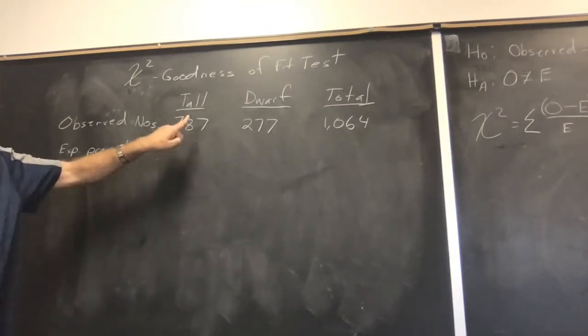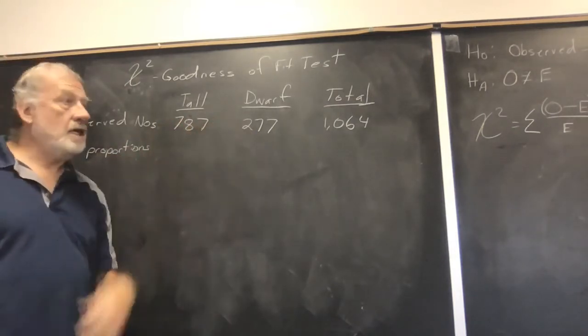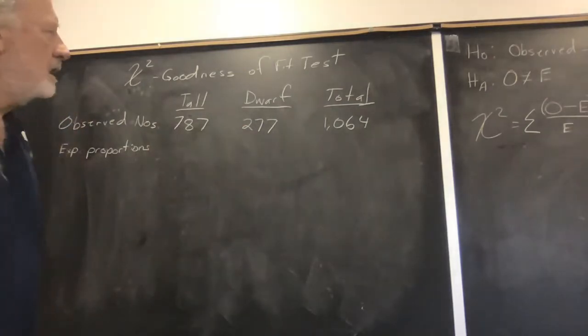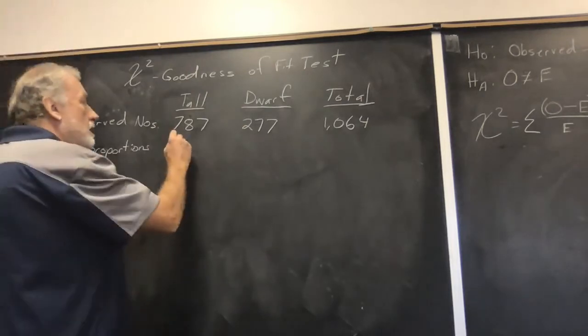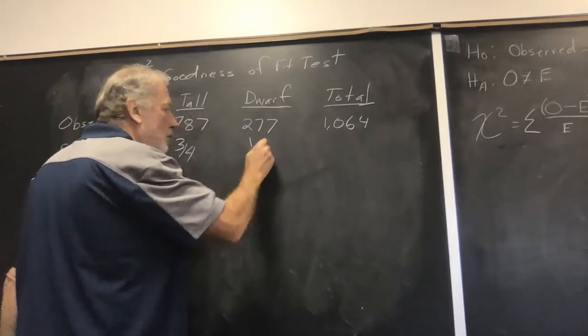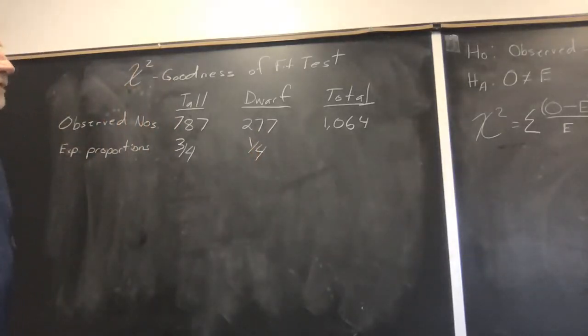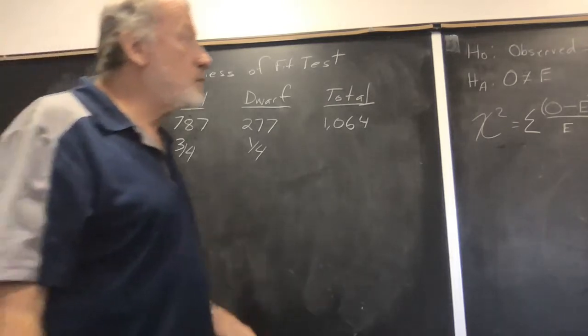Given that we just have two phenotypic categories, one's about 3 times bigger than the other, we think this is probably a monohybrid cross with complete dominance. Therefore, 3/4 of the offspring ought to be tall, and 1/4 ought to be dwarf. One thing we need to do is calculate an observed ratio.